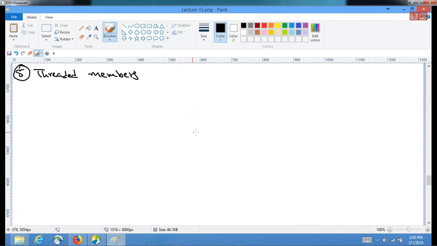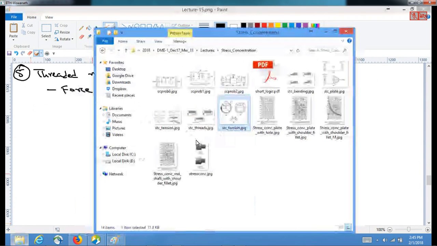And coming to the other, in threaded members, the force flow line. So anyway, let us put the picture first.